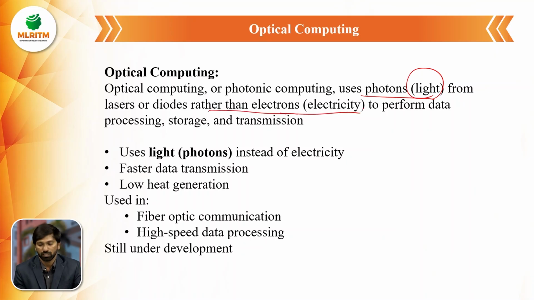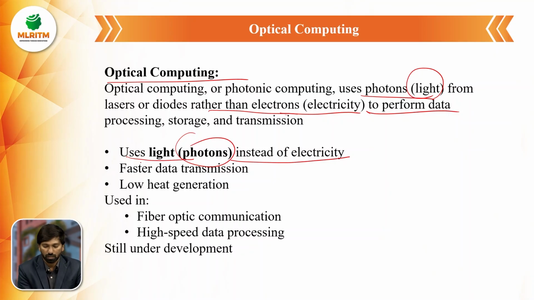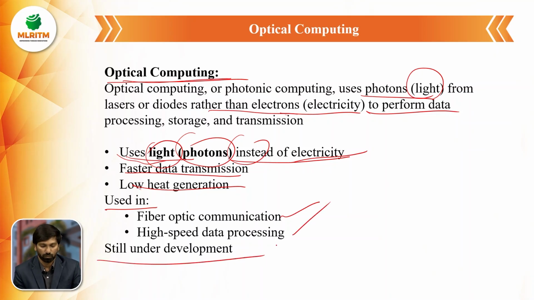Electrons means electricity, to perform data processing, storage, and transformations. Here, optical computing uses light, that is photons, instead of electricity, and gives faster data transformation and low heat generation. It is used in fiber optic communications and high speed data processing. Still, it is under development only.